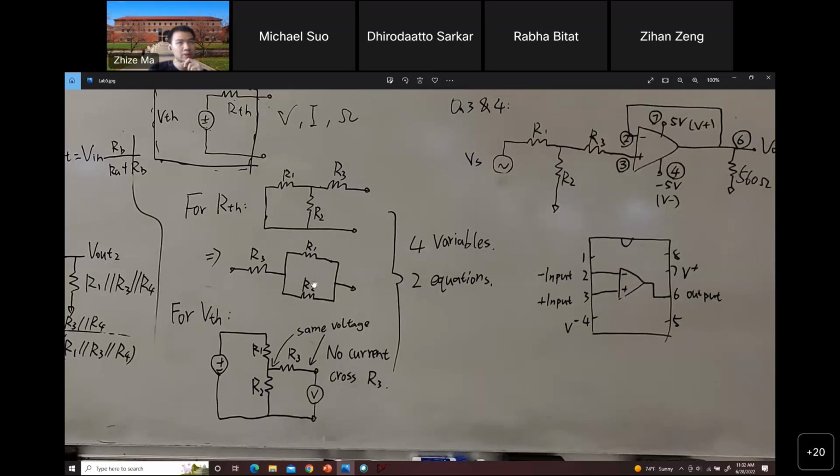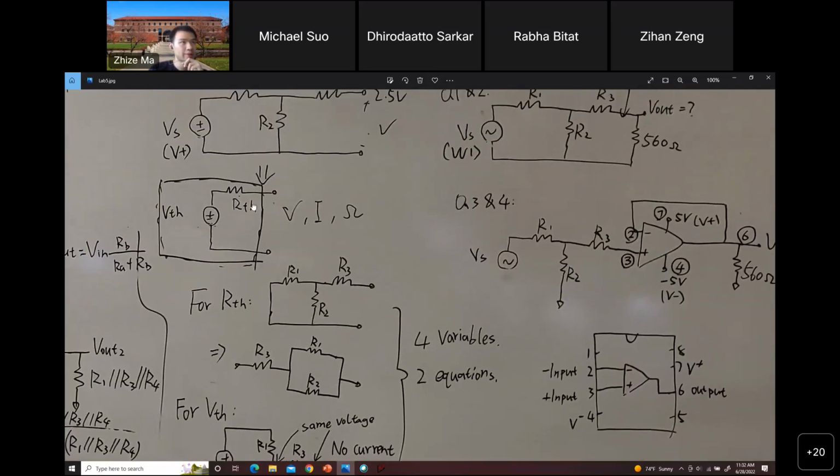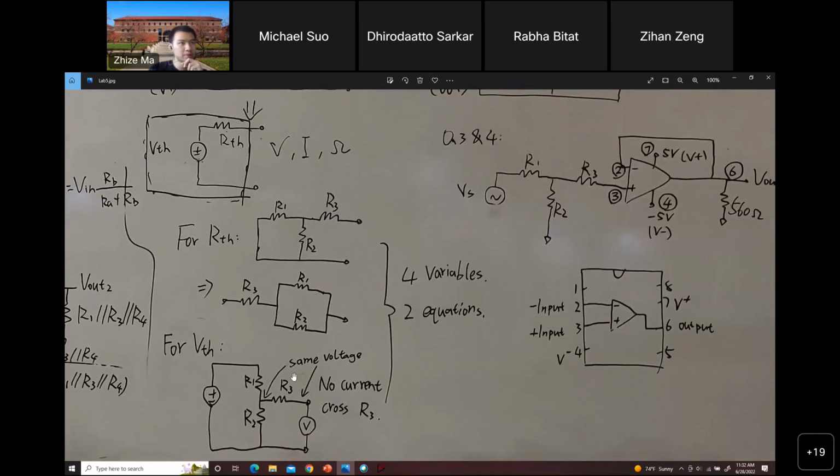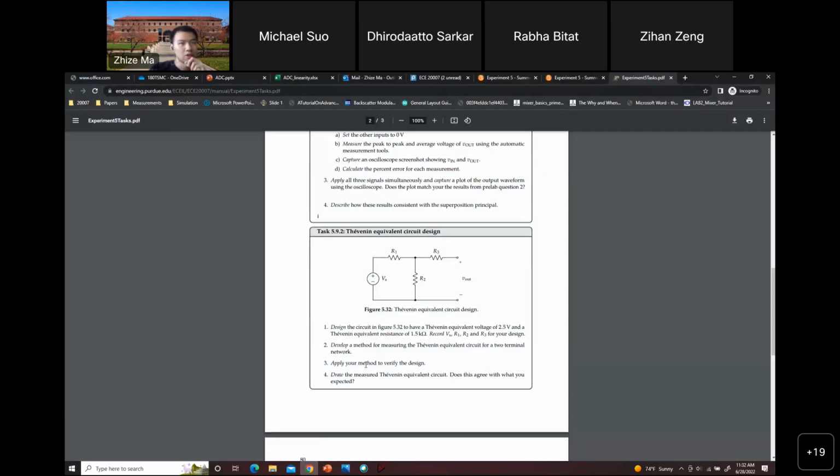And another limitation is the VS. You can get many answers for this question, but make sure that when you build this circuit on the breadboard, the power supply, the VS, is from your AD2. The maximum voltage of AD2 is 5 volts, so VS needs to be smaller than or equal to 5 volts.